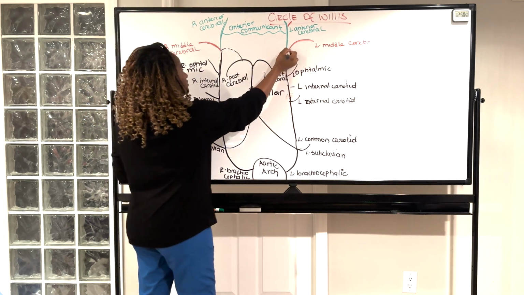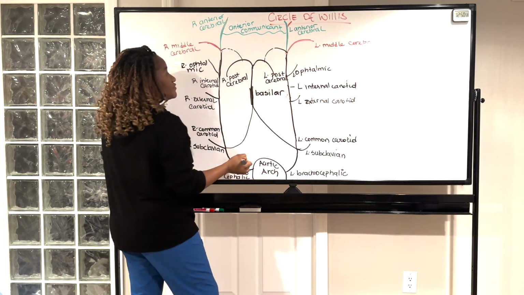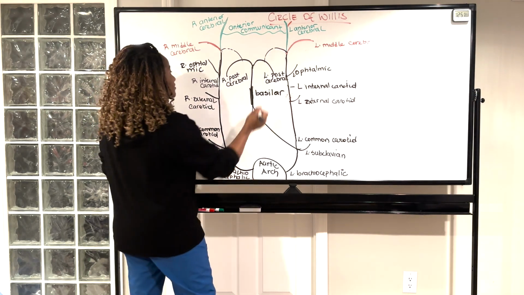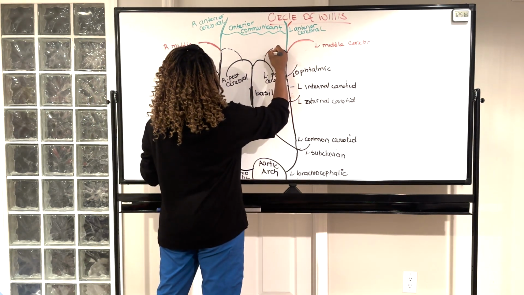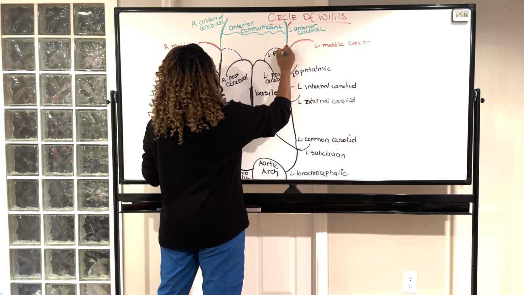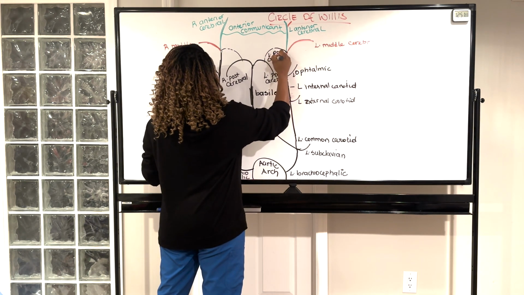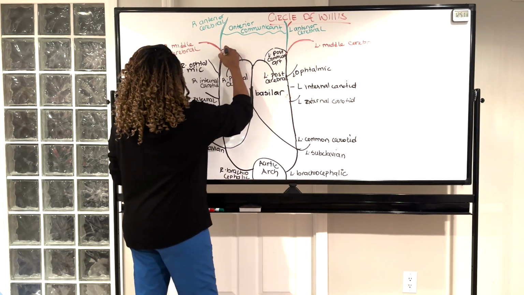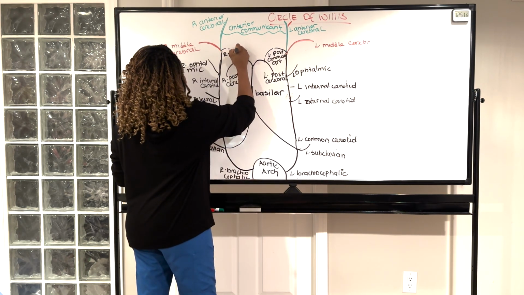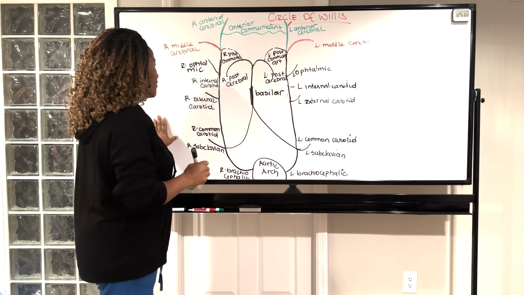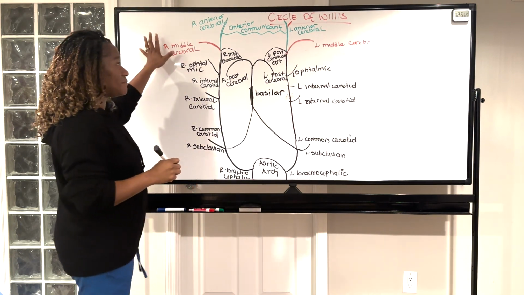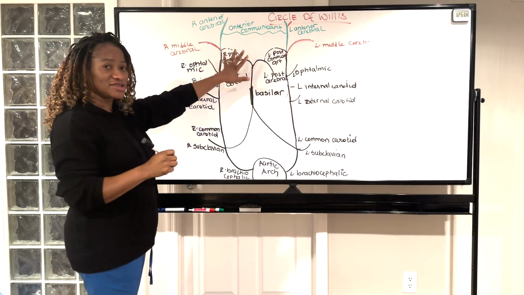So here we have the posterior communicating arteries. So here we have the left posterior communicating artery and the right posterior communicating. And this is what is going to happen to this collateral circulation in the brain.